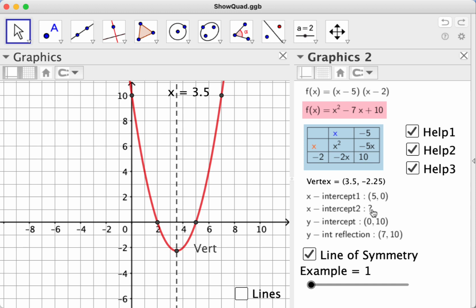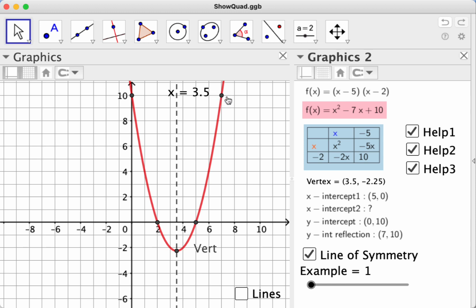And then we have our y-intercept at 0, 10, and then we have another point, which is the reflection of the y-intercept across our line of reflection here, in this case, the point 7, 10. So it has the same y value as our y-intercept, but because the y-intercept is 3.5 units to the left of this line, this point will be 3.5 units to the right.